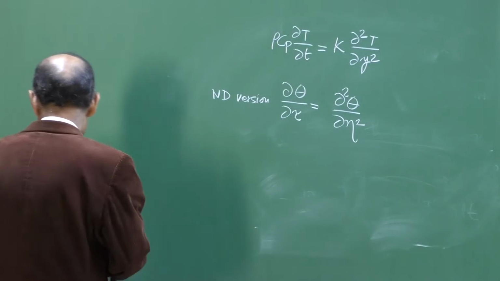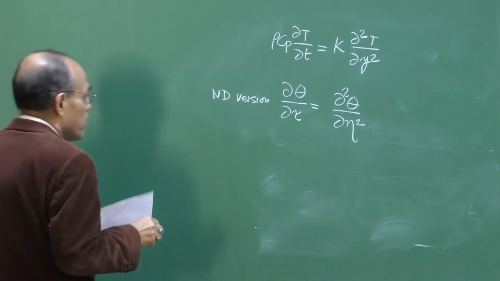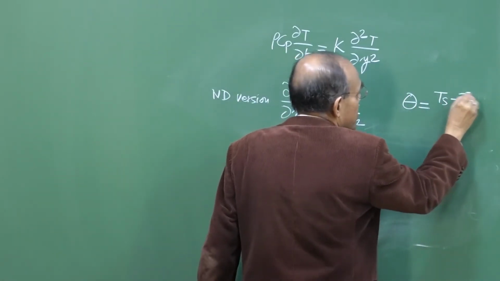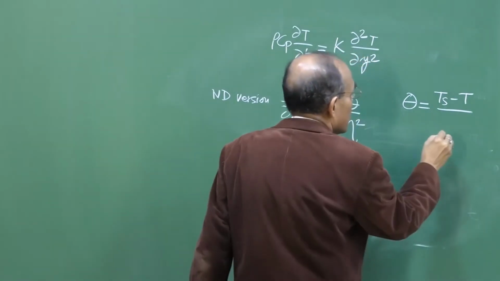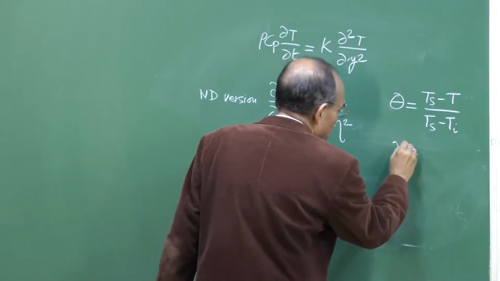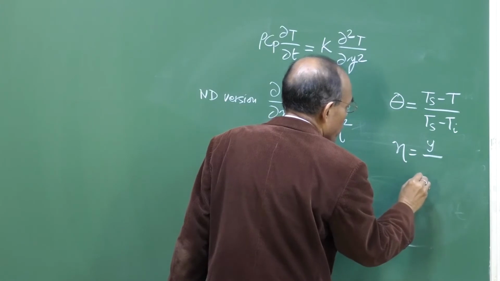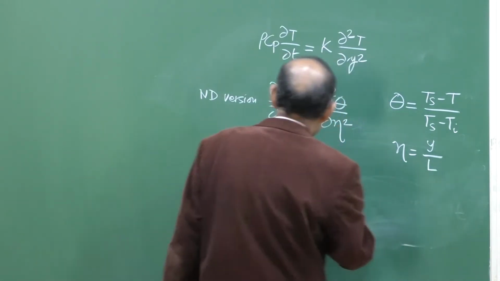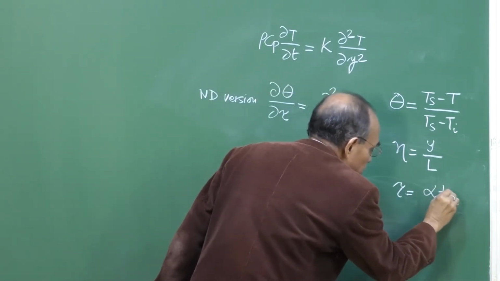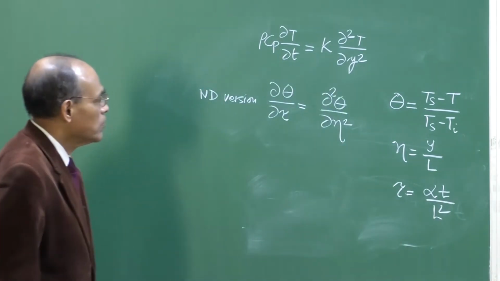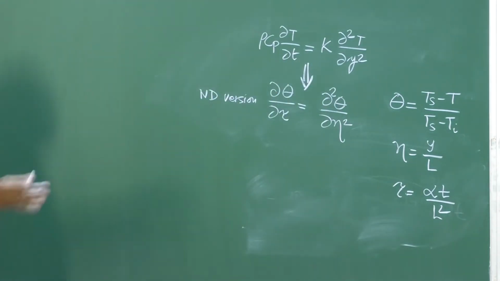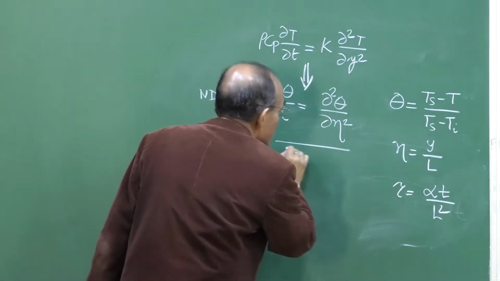And then I can say that look, where theta is defined as Ts minus T, and I have used that notation, okay, Ts minus Ti, where eta is equal to y by L, and tau, the dimensionless time, is equal to alpha t by L square. If you use all these parameters, you can very easily derive this equation. This is given in the textbook, and this form must be known to you.